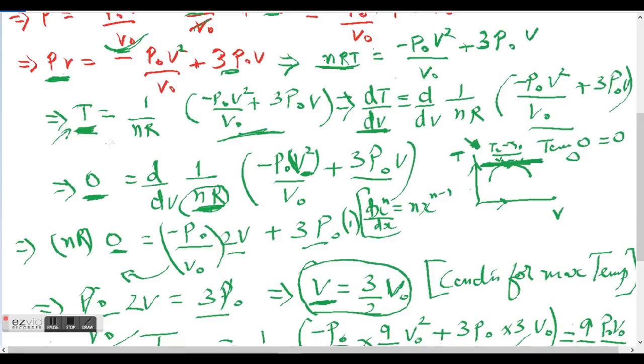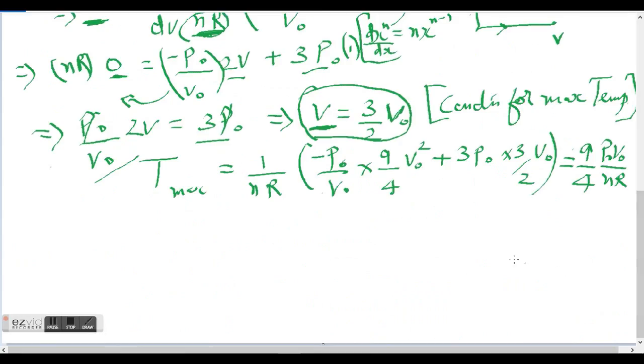I said I want to solve for T so that I can then find the maximum temperature. So this is the expression I'm concerned about. All I need to do is substitute this V for the value I just found out, and that will give me the maximum temperature expression. And hopefully that will match with one of the options.